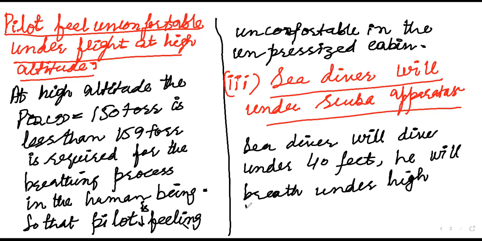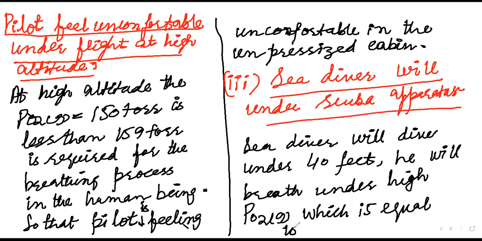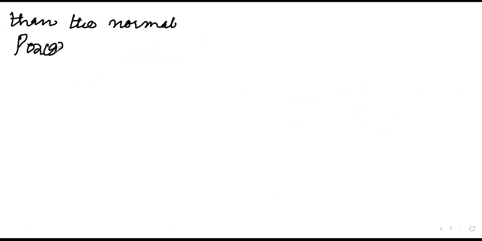The partial pressure of oxygen is 5 times greater than the normal partial pressure of oxygen, which is equal to 159 torr.